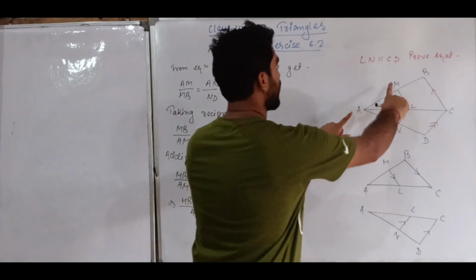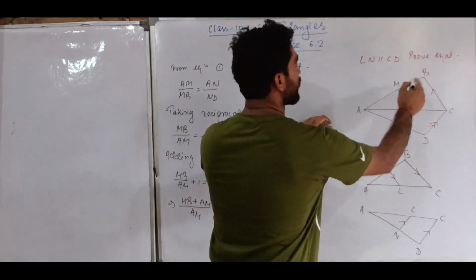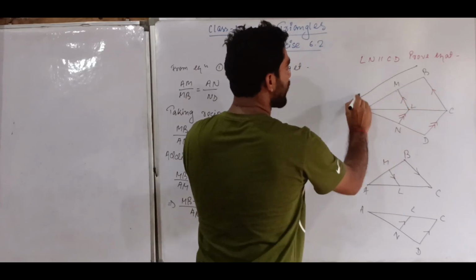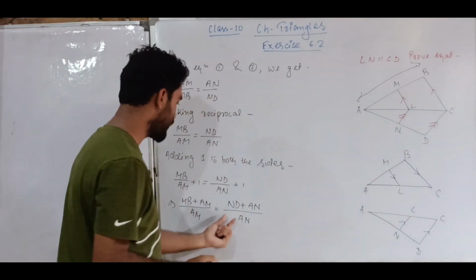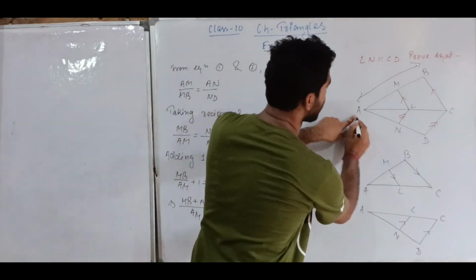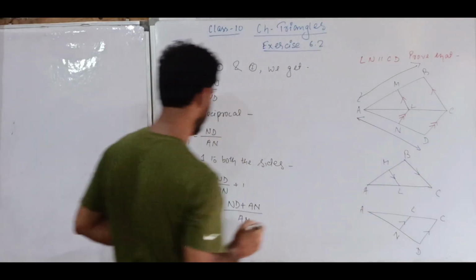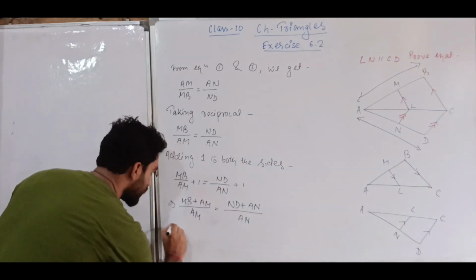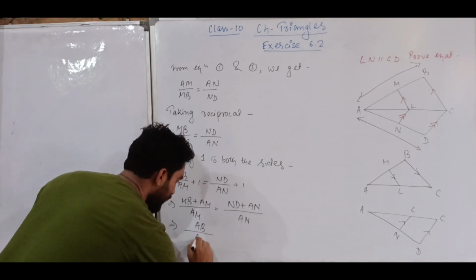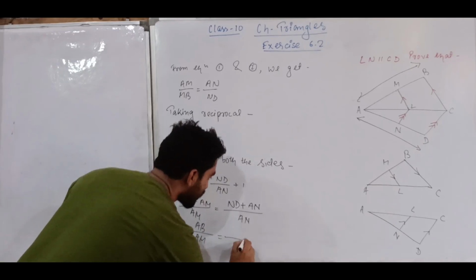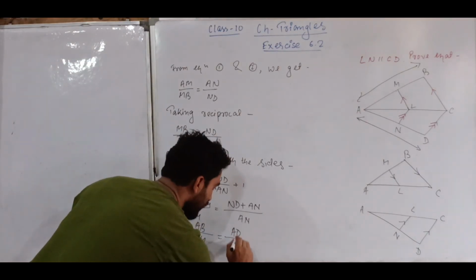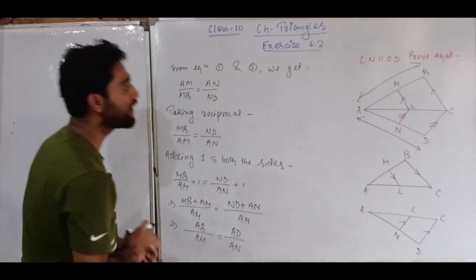If we add MB plus AM, we will get AB, and if we add ND plus AN, it will give us the complete AD. So here we will get AB divided by AM is equal to AD divided by AN.